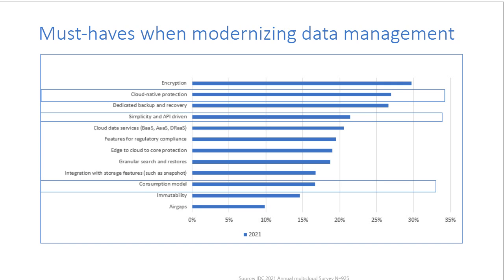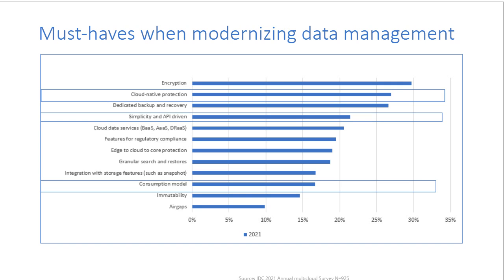That goes to show how companies are really taking these modern paradigms very seriously, and they're investing to make those quite robust as well. And it's interesting how they are giving as much importance to simplicity and that API strategy and even consumption model, which I have highlighted here, to show that it's the cloud experience, the cloud-like experience, that's very important for them.